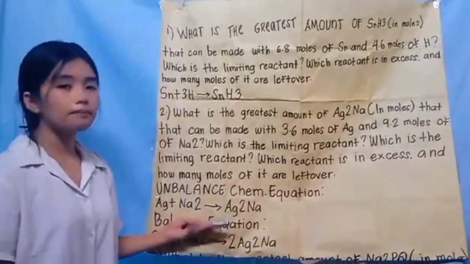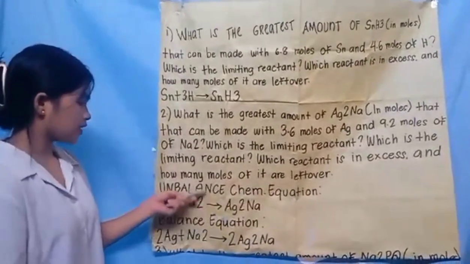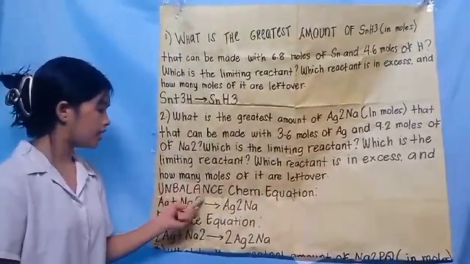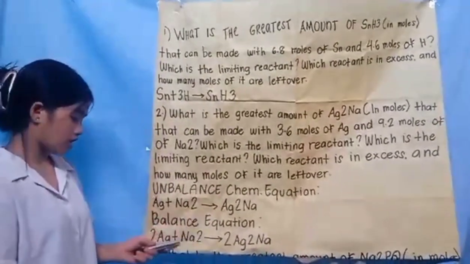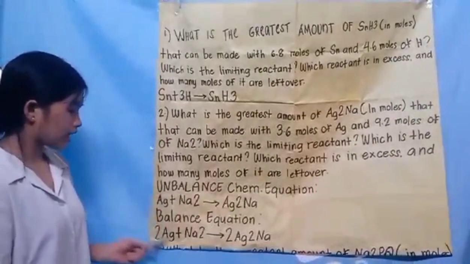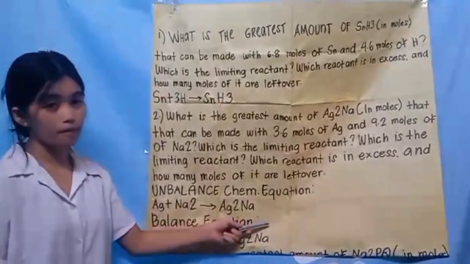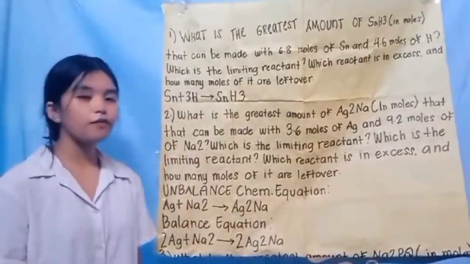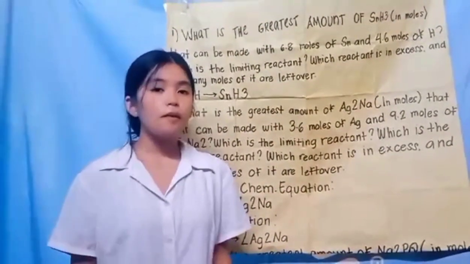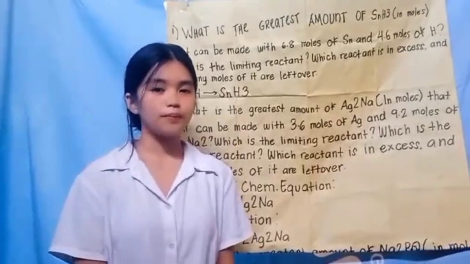So this is our unbalanced equation. This is the reactant side, and this is the product side. And our balanced equation is, this is our reactant side and this is our product side. So both are balanced. And for the solution, my co-member will discuss it to you.